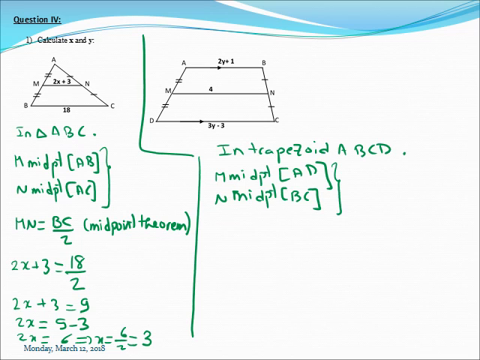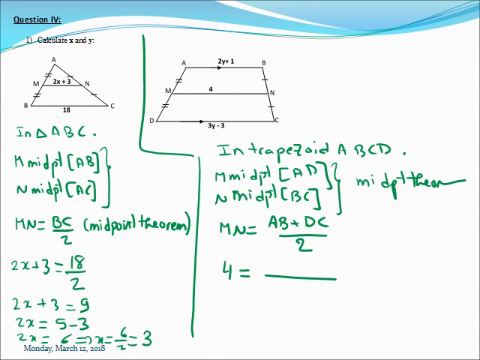So, using the midpoint theorem, MN equals AB plus BC over 2. MN is 4, equals (2y plus 1 plus 3y minus 3) over 2. 4 equals 5y minus 2 over 2.